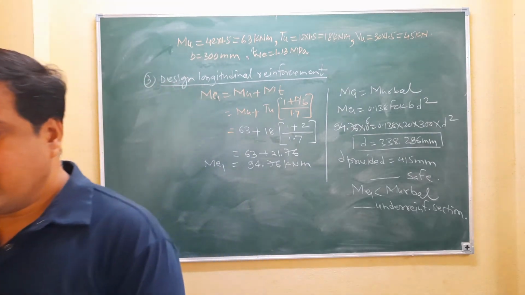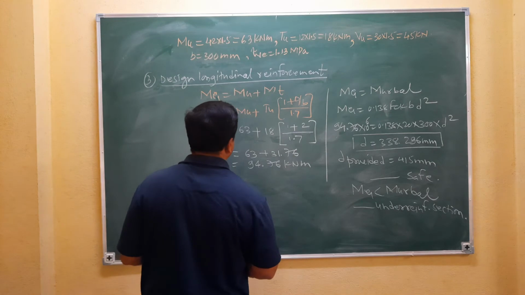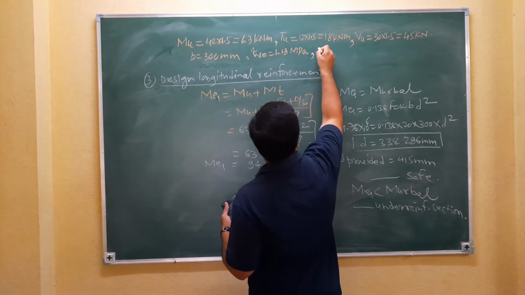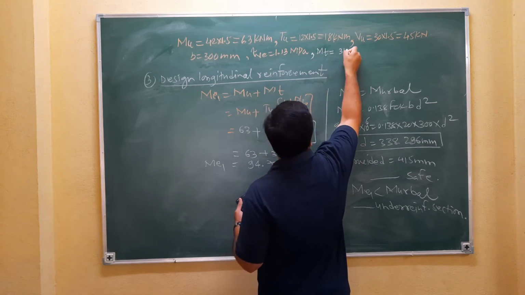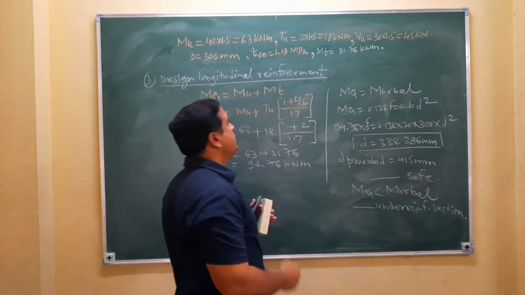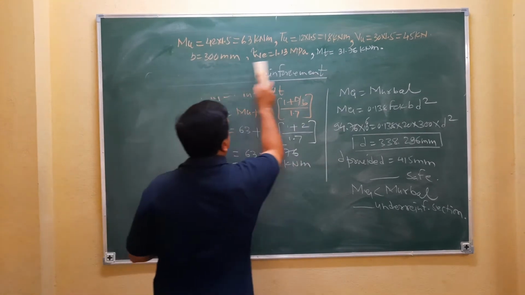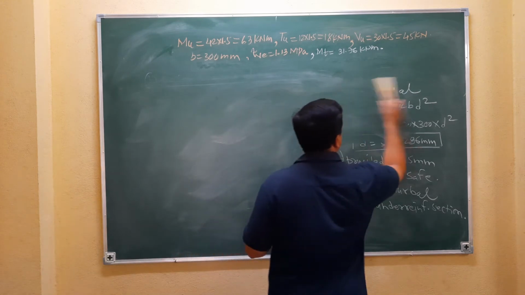If the section is acting as an under reinforced section, so directly find out the steel. Okay, so here we need the value of MT. MT is only 31.76 kilonewton meter. Okay, is it clear? What we have to do?